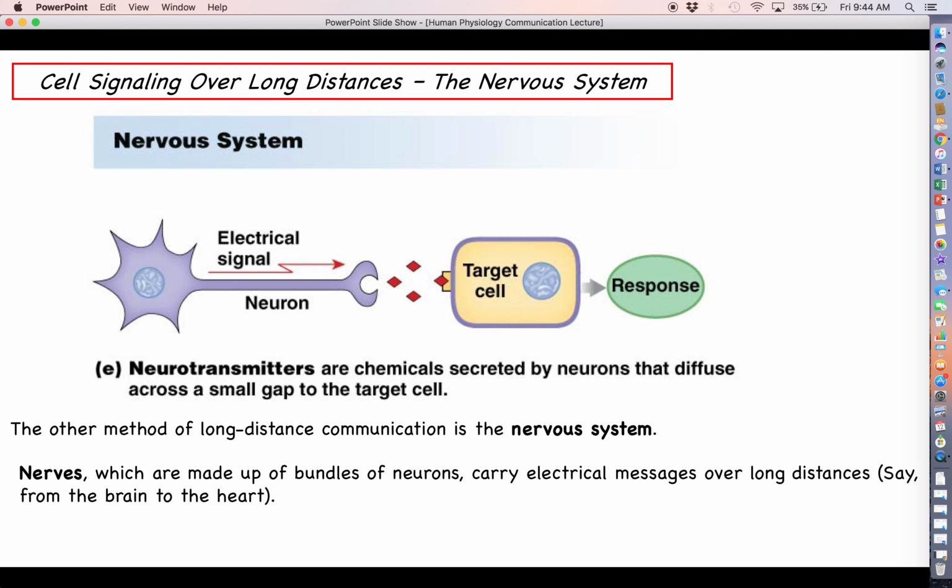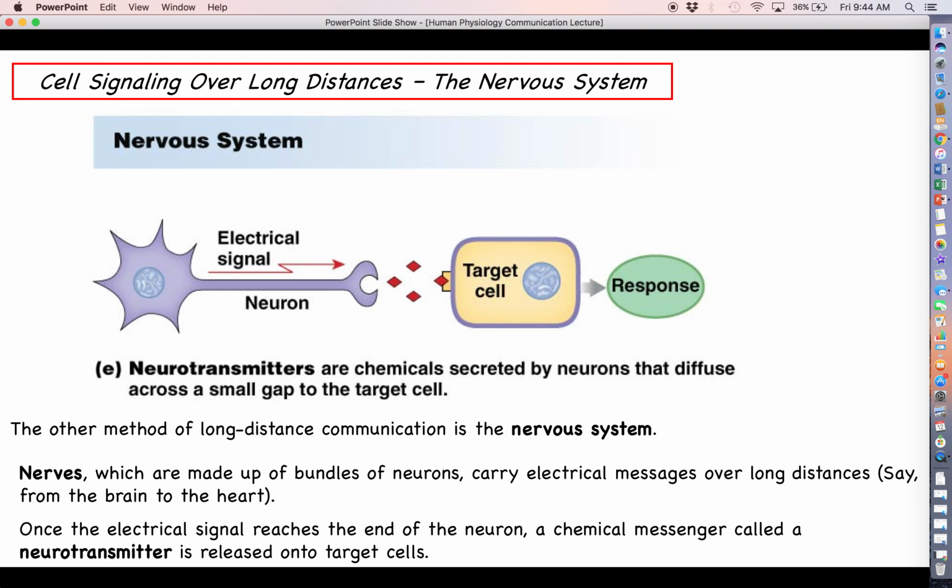So nerves are made up of big bundles of neurons, which are a type of cell that we talked about in Chapter 4, and these nerves are going to carry electrical messages over very long distances because a neuron's axon can be very long. So the longer the axon is, the longer the message can be sent. Say, an axon connects a cell in the brain to the cells that make up the heart. So we can send a message from the brain to the heart.